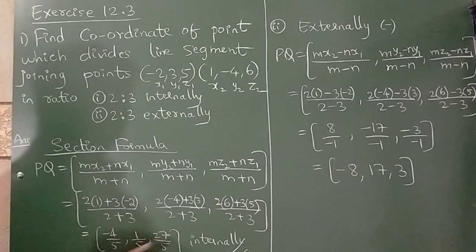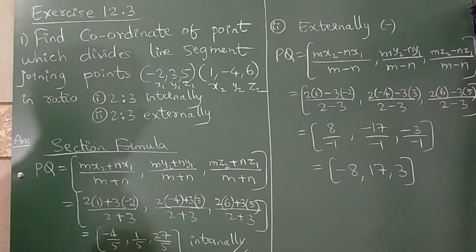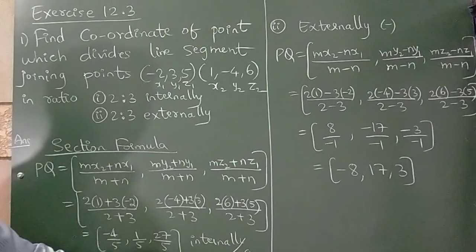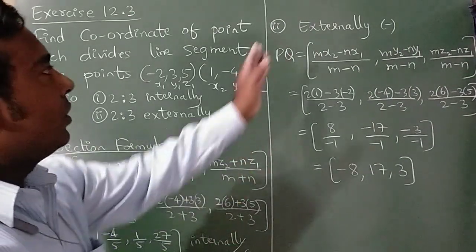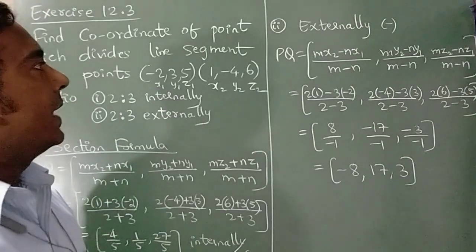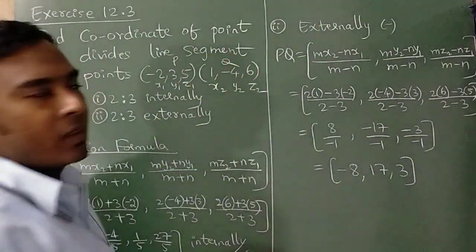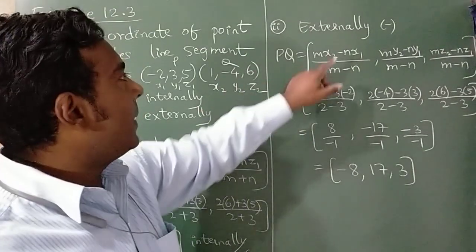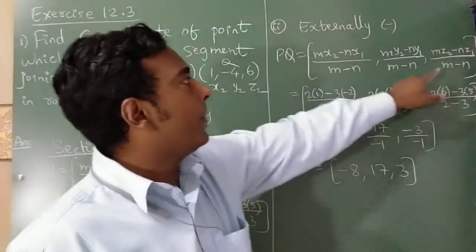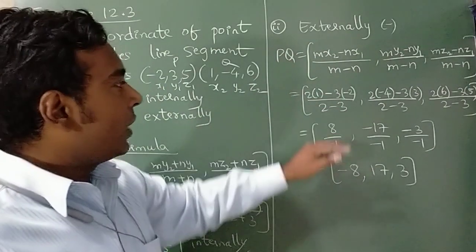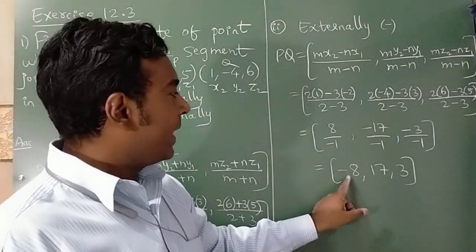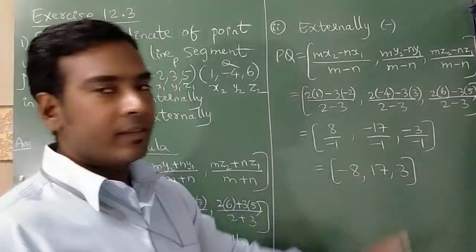Okay, if you calculate this, you will get minus 4 upon 5, 1 upon 5 and 27 upon 5. That is internally. Now the same problem you need to find externally. So PQ, I have considered this as P and this as Q. So same formula, but since it is externally, you need to write a minus. So if you solve, you will get the final answer as minus 8, 17 and 3.